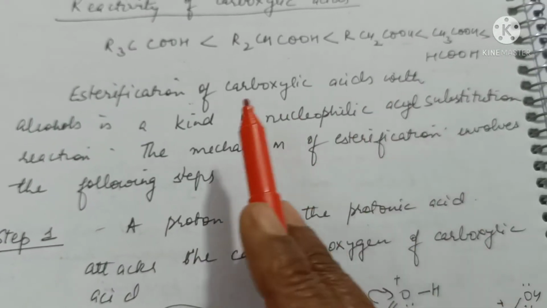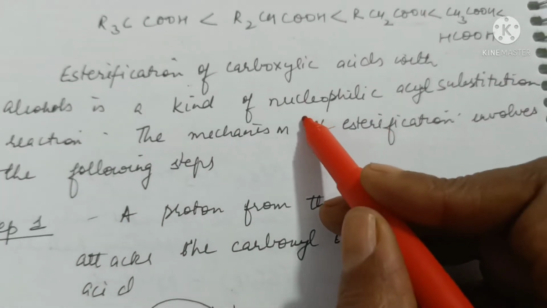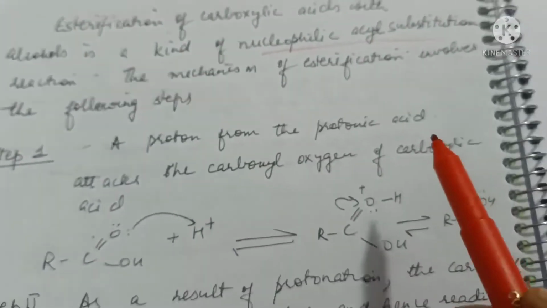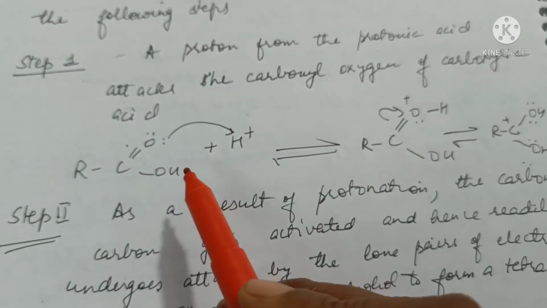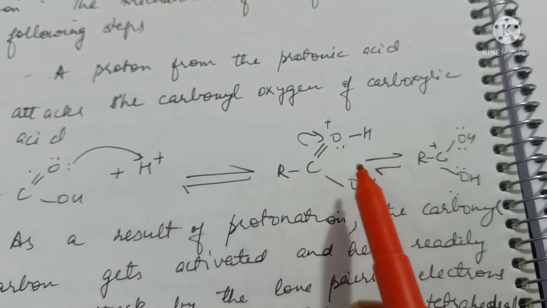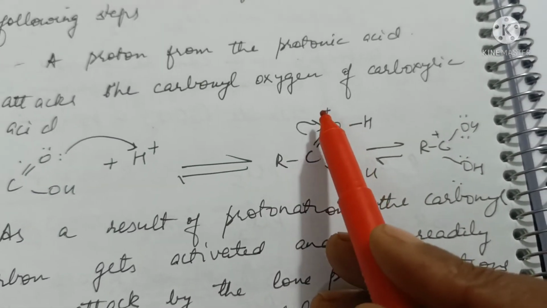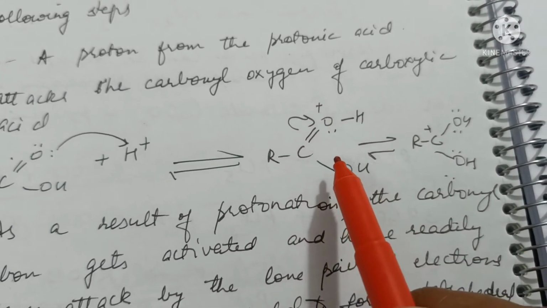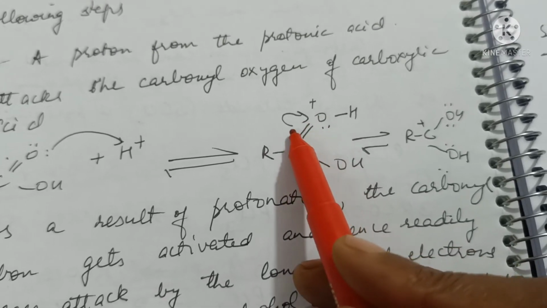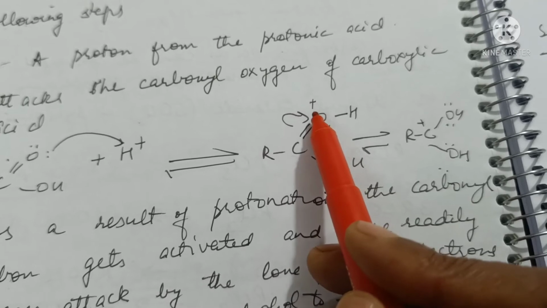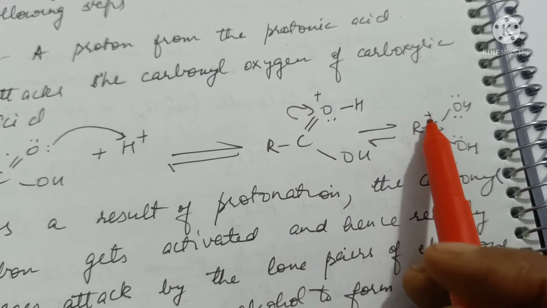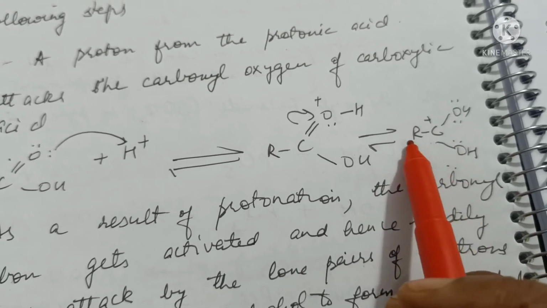Esterification of carboxylic acids with alcohols is a nucleophilic acyl substitution reaction. So the mechanism involves, first, the acid will take up a proton to form a dihydroxy compound where oxygen has a positive charge. To ease off the positive charge, the electrons of the double bond move towards the oxygen, resulting in a positive charge on carbon.